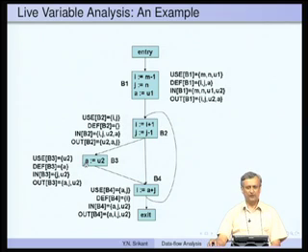What about the basic block B3? The use set is u2 because u2 is not defined, it is used before its definition, and the def set is a because a is defined before it is used, in fact it is not even used in this basic block. And in the case of the basic block B4, we have a and j in the use set because they are used before any definition.